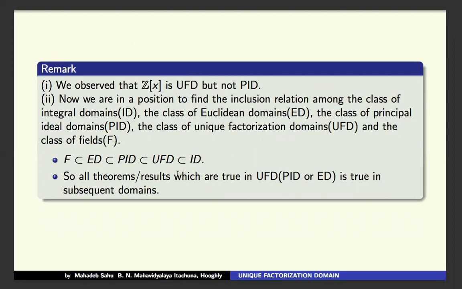Now we are in a position to find the inclusion that I am telling you. These are the results: field, Euclidean domain, principal ideal domain, UFD and integral domain.